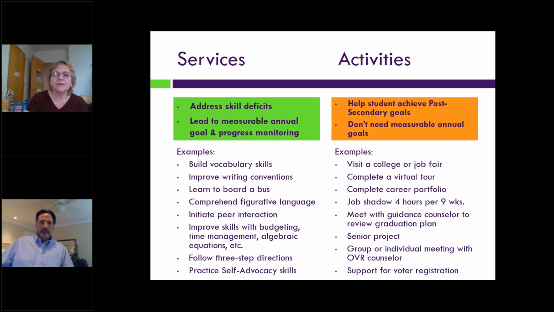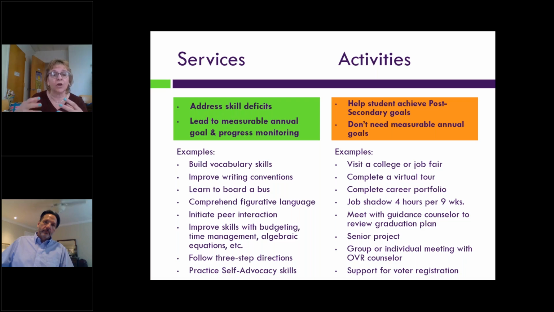Services address the skill deficits, lead to those measurable annual goals, and have progress monitoring to show whether they are showing progress in this area. So things like building vocabulary skills, comprehending figurative language, initiating peer interaction, practicing your self-advocacy skills.